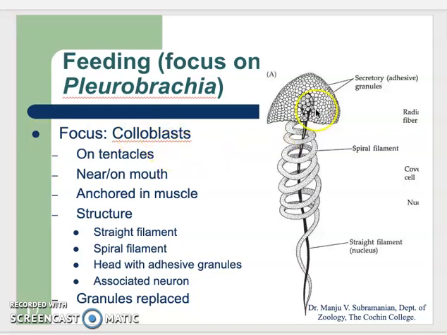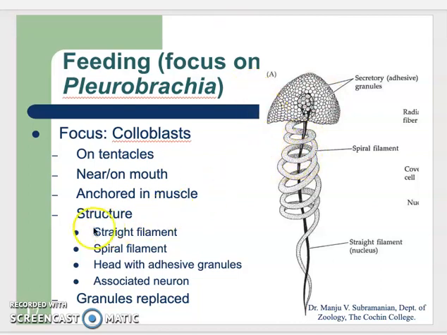So what are these colloblasts? This is a structure of the colloblast which is seen on the tentacles near the mouth, and it is anchored in the muscle. It has a straight filament, and there is a spiral filament, and it has an adjacent head region with numerous secretory granules, and many associated neurons are also present.